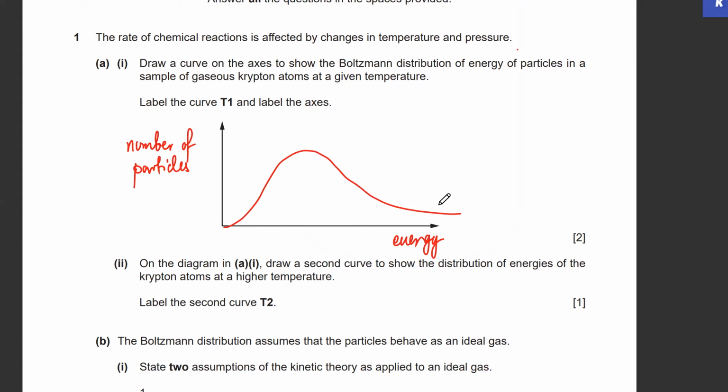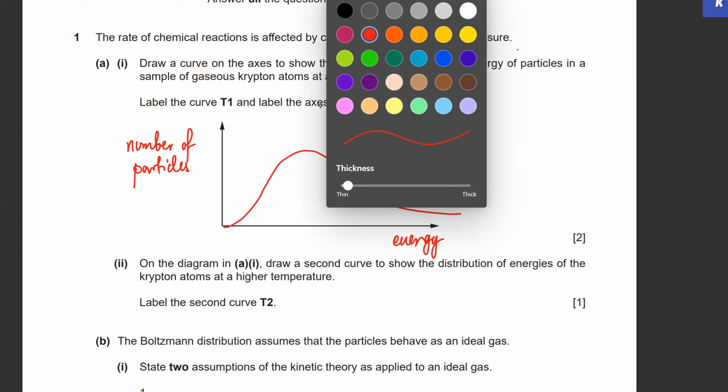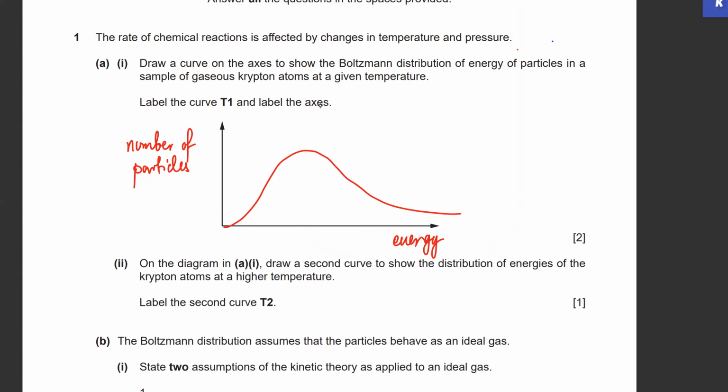What that basically shows is that the height of the curve is the number of particles. At average energies, like if your room temperature is 25 degrees centigrade, temperature is basically proportional to the kinetic energy of the particle.